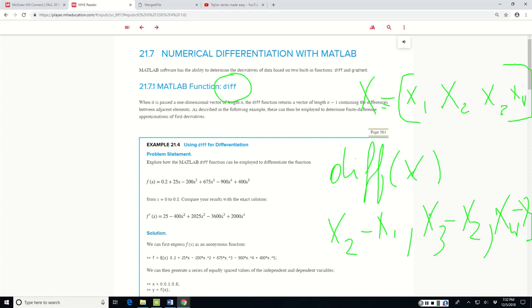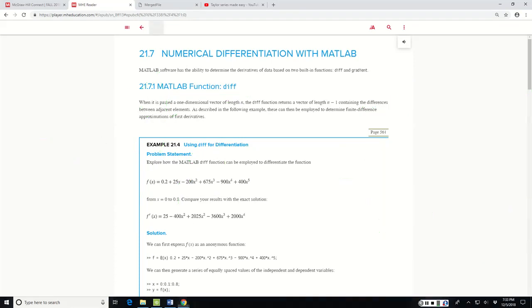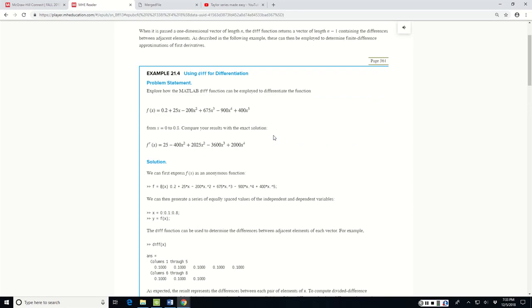So you could evaluate derivatives if you have the y values, right? So you could do diff of y over diff of x. So you could find differences in y's divided by differences in x, and this can give you the derivative at all of the points that you have stored in the vector.